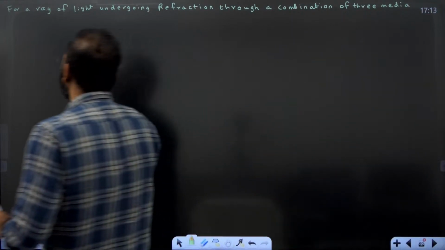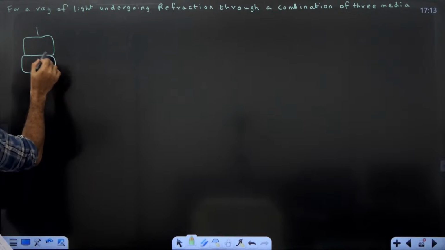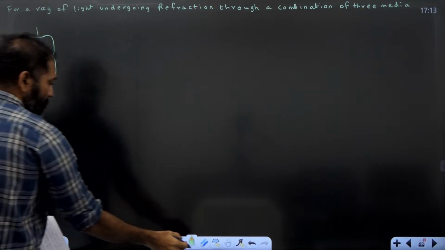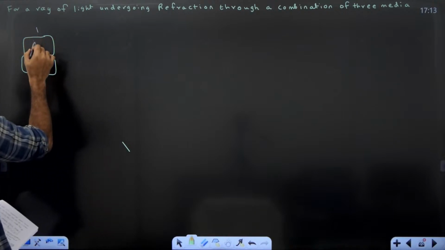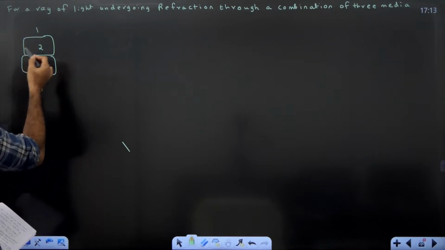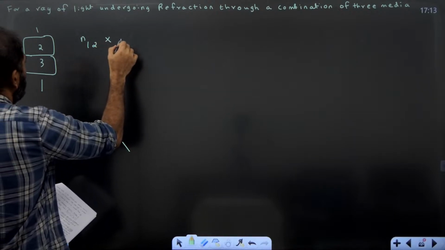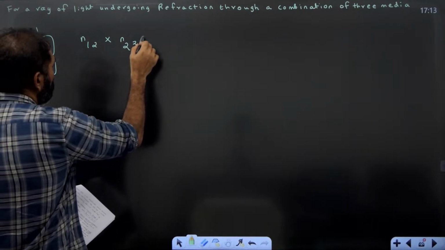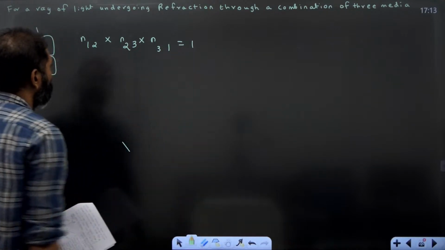So three media means what? First medium, second, third, and then again back to the first. Refractiveness of second medium with respect to first medium into refractiveness of third medium with respect to second medium into refractiveness of first medium with respect to third medium is equal to 1.